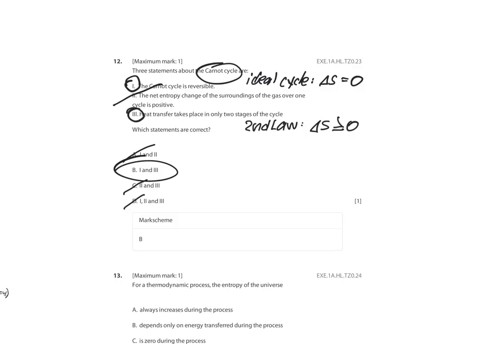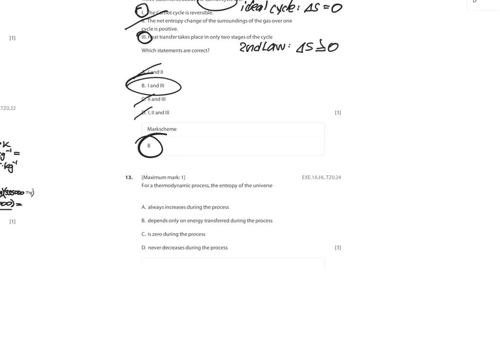And so the net entropy change is not positive for a Carnot cycle because the Carnot cycle is the ideal standard of a zero entropy change cycle. That's not real life, but it's the very best that you could hope for, and then you can compare real cycles to that. Anyway, so 1 and 3 are true. Mark scheme is B.